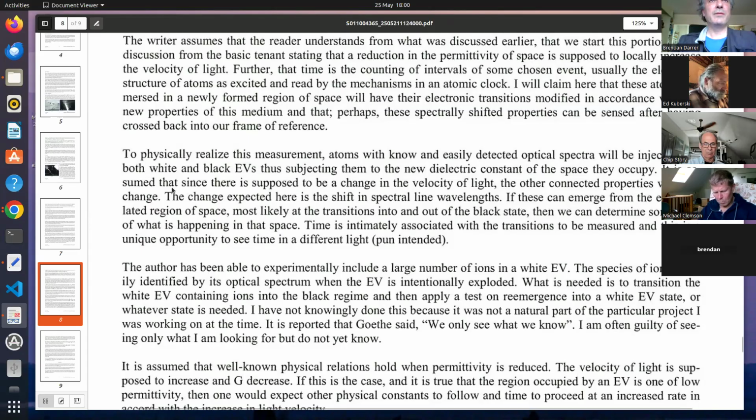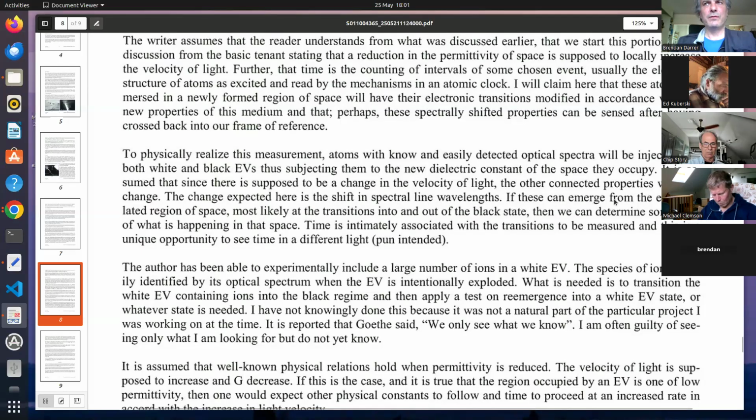It is assumed that since there is supposed to be a change in the velocity of light, the other connected properties will also change. The change expected here is the shift in spectral line wavelengths.